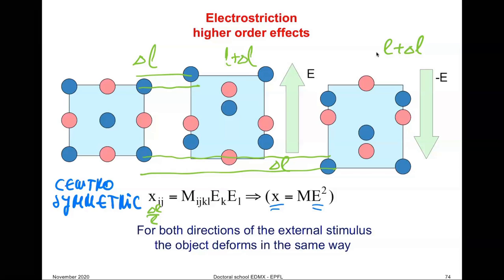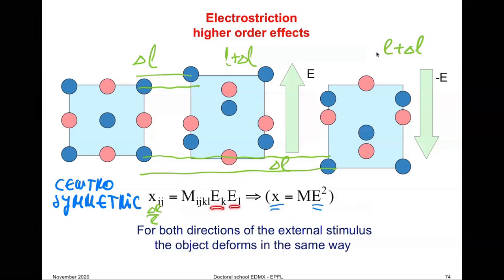The simple drawing is actually too simple, and if you dig in a little bit deeper, the illustration of electrostriction with this drawing would in fact fail, but we will use it to illustrate the principle. Mathematically, electrostriction is described by this formula here. Electrostriction is a tensor of the fourth rank, which means that it is present in all materials, centrosymmetric and non-centrosymmetric alike.